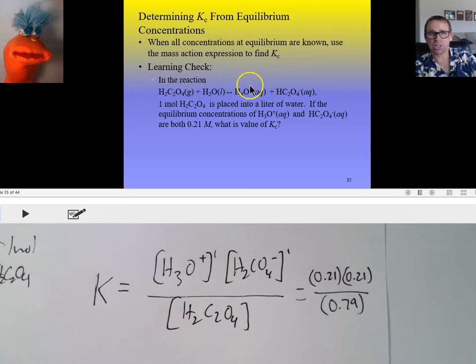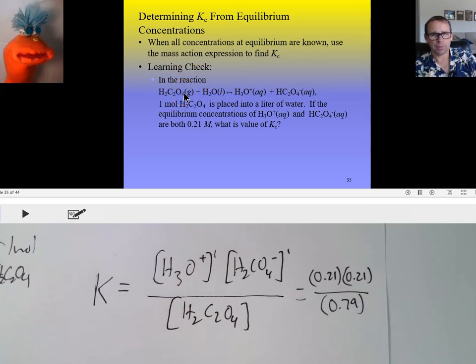I just get 2 products. They're different materials. So I started off with 1 molar, and then I got 0.21 of this and 0.21 of that. That means that 0.21 of this broke down. It broke down into 2 different things, but it doesn't mean that I subtract 0.21 twice. Does that make sense? I think so.